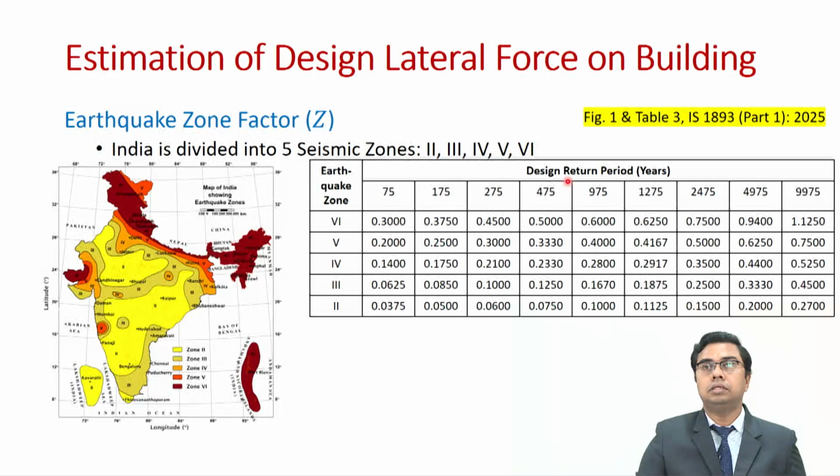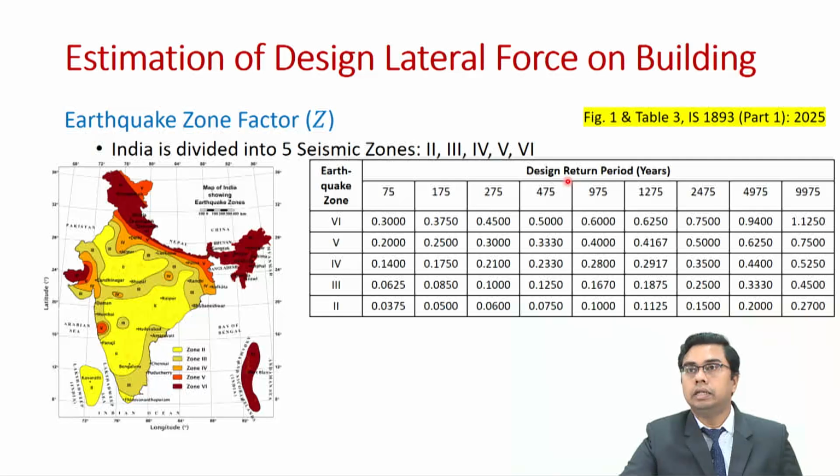So in that case the design return period will be larger and therefore it shall be having a larger value of earthquake zone factor. At the same time, you also notice that the zone factor Z is higher for earthquake zone 6 and it is the lowest for earthquake zone 2.